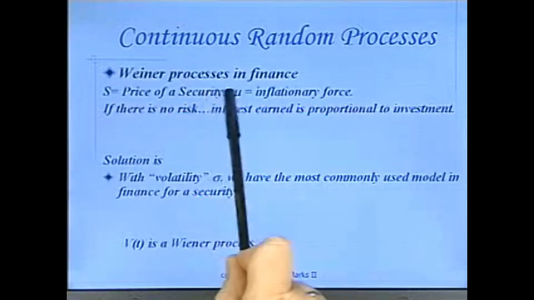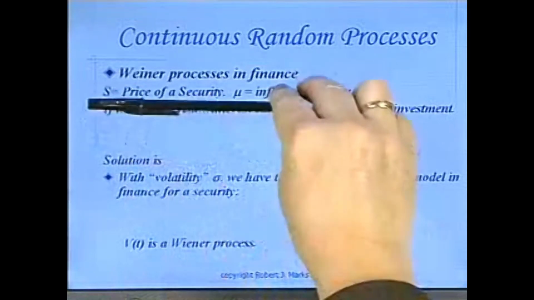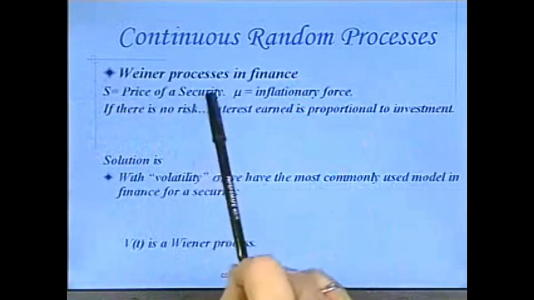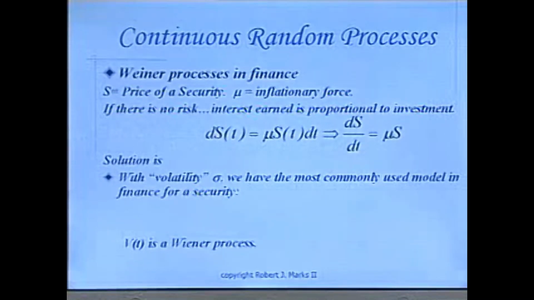So here is the Wiener process in finance. S is the price of a security. A security is a fancy word for a stock or a bond or something like that you buy. And we have mu as an inflationary force, and we won't get into that, but you know that if you have an inflationary force and you go to a savings account where there's no risk, you know exactly how much money you're going to have in the savings account in a year, right?